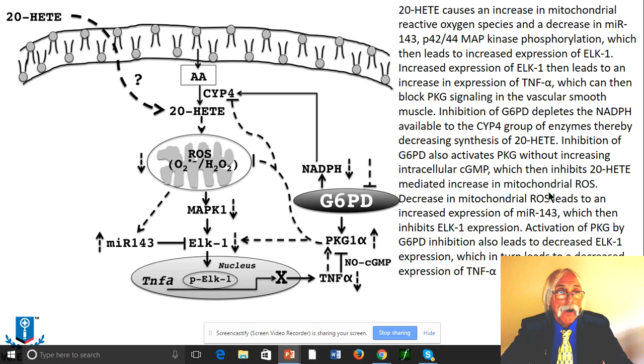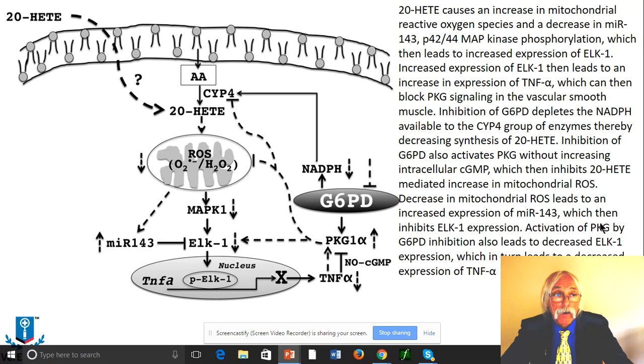So, which then inhibits the 20-HETE mediated increase in mitochondrial ROS. Decrease in mitochondrial reactive oxygen leads to an increased expression of miR-143. Now you get this kicked up again because that was suppressed, which then inhibits ELK1 expression. Boom, there's your block. No more of that. No more of ELK1. That's a kinase.